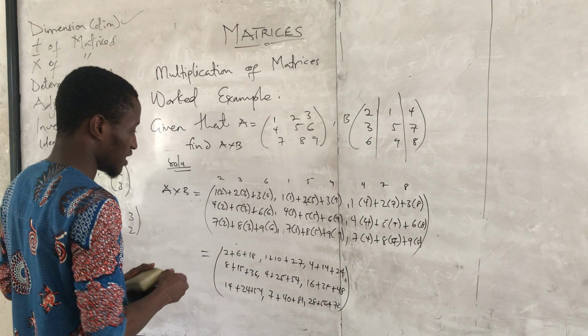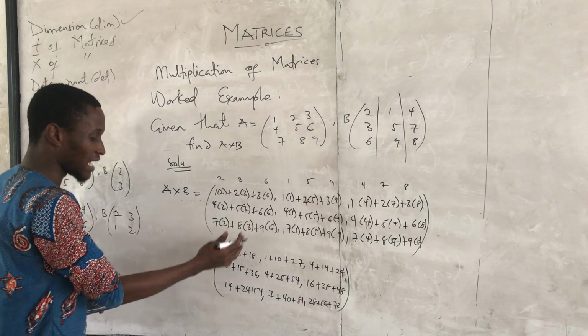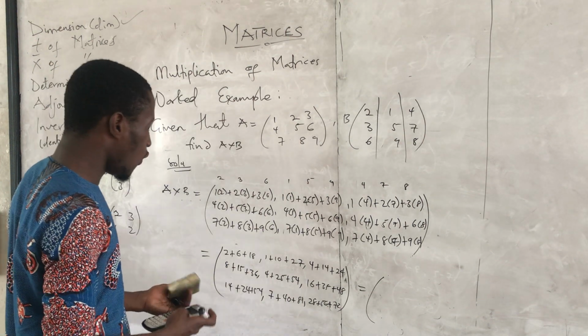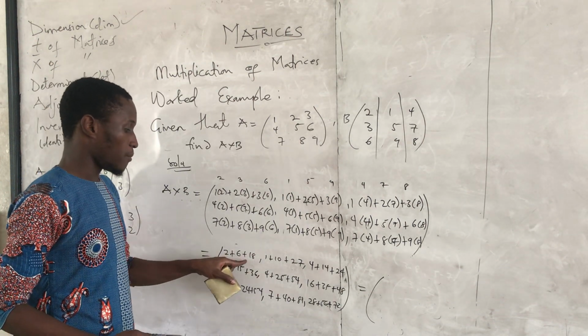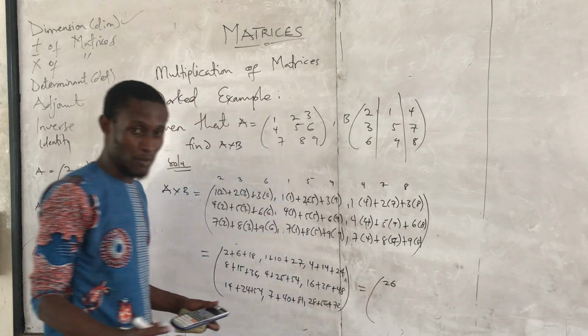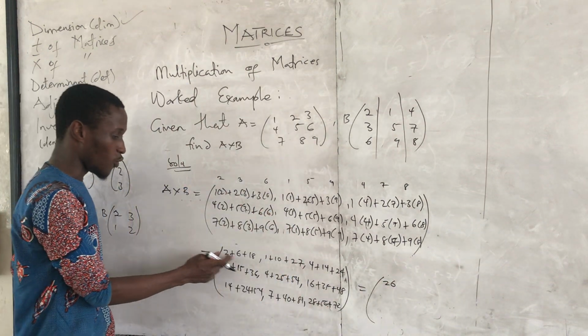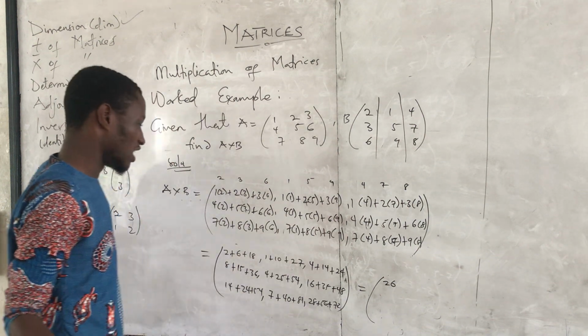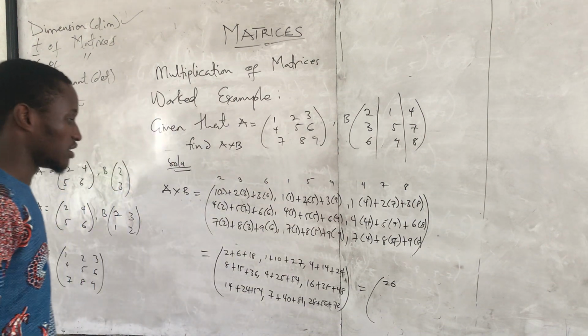Okay, so now we take our time and add them one by one. So 2 plus 6 plus 18 gives me 26. You can take your time and do it. I did it like 2 plus this gives me 20, plus the 6 gives me 26. Everybody has how they do their calculation.